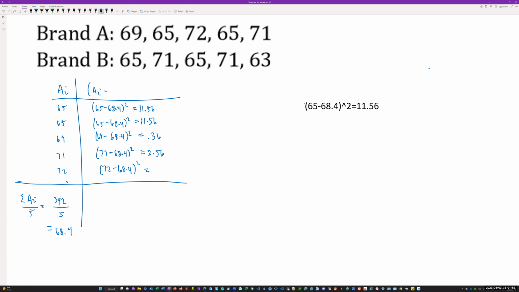3.6, and 3.6 squared is 12.96. Now I need to add up all these numbers, whatever these numbers are.